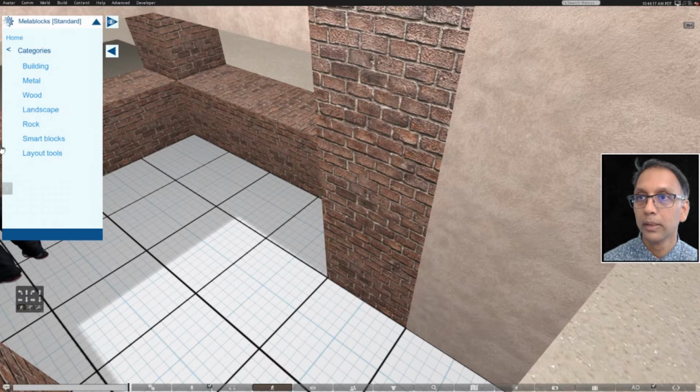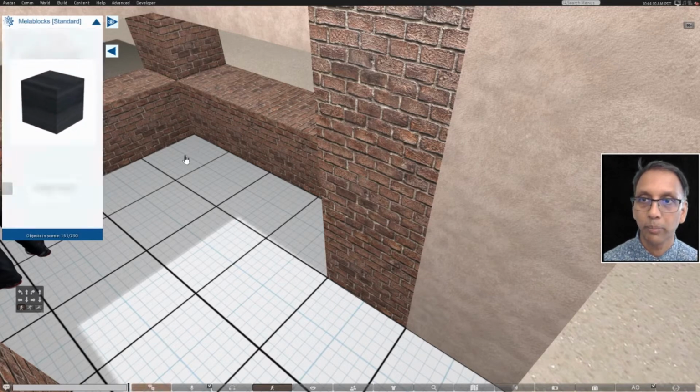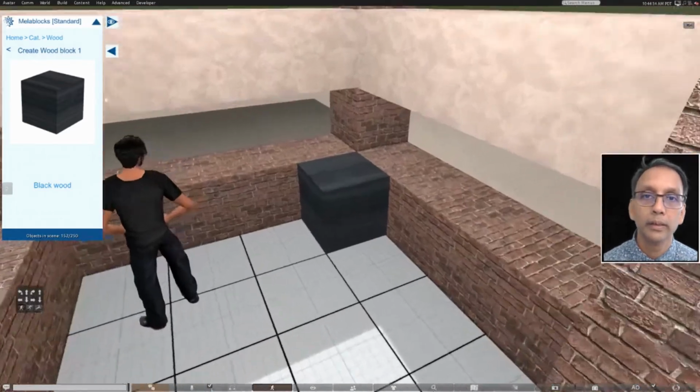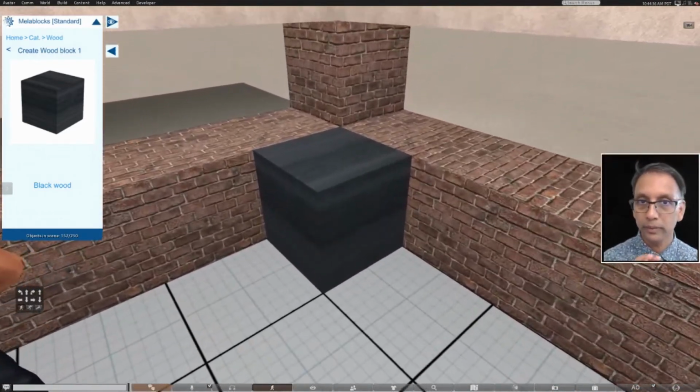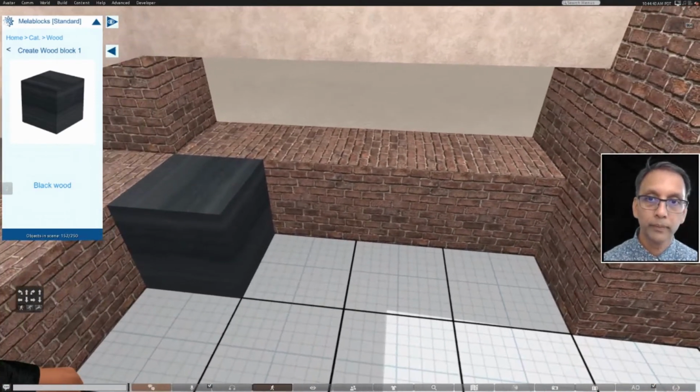Let me do that. So let us say, just so that it stands out, I'm going to pick something that stands out, like the black block that I'm going to place here. So what we need to do is simply this.